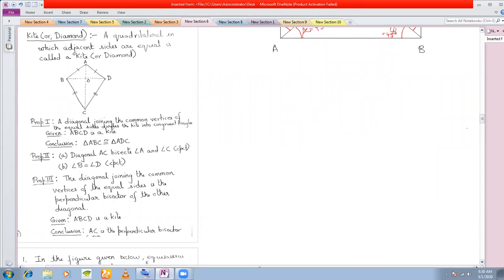In fact, these are the important figures that you will come across. Kites you will not come across too frequently. Neither will you come across a trapezium frequently. All these four figures that I have discussed: parallelogram, rhombus, rectangle, and square. In all the problems, you will come across these. A kite may be one or two problems, a trapezium also one or two problems, but not more than that.